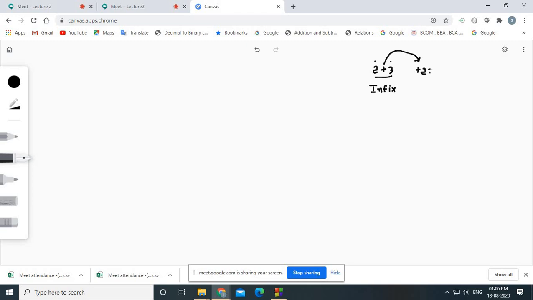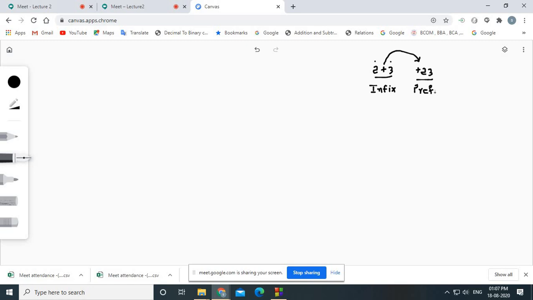Here the expression is the same, right? But here we are writing the operator first, and then the operands. This type of expression in which the operator comes first is known as a prefix expression, right? So this is called a prefix expression.